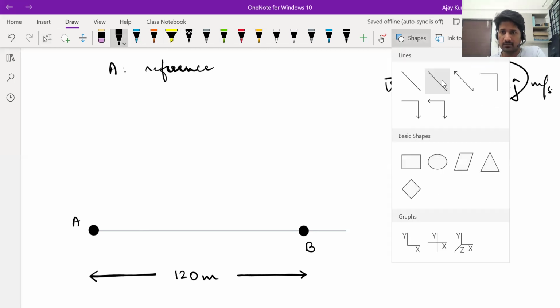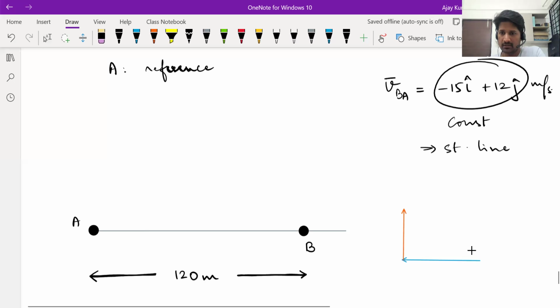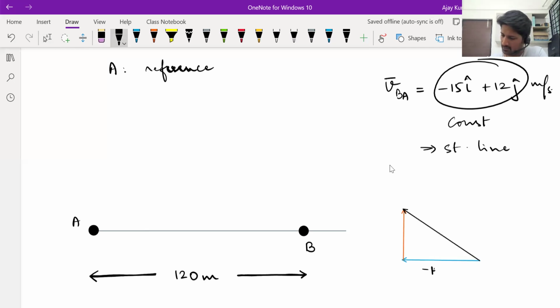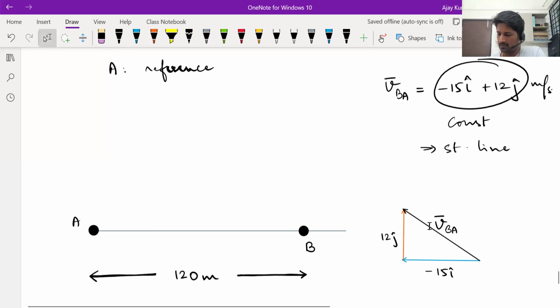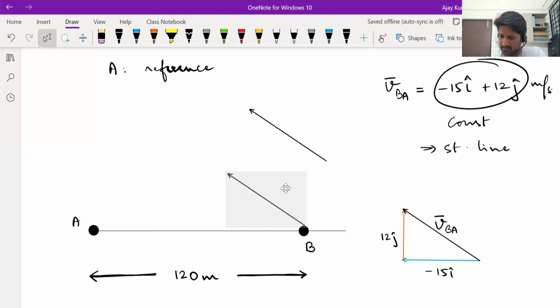So the relative velocity of B is actually like this. Plus 12 j cap. This is the velocity of B as seen by A. Okay, let us put that vector here.